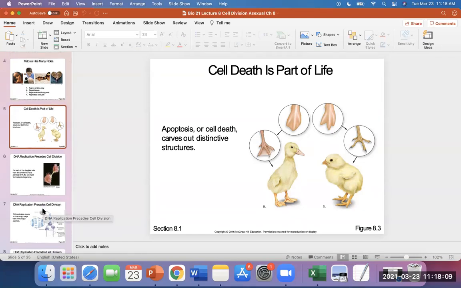Then we have DNA replication. What are 3 enzymes that are important for DNA replication? Can you guys tell me the enzymes and the functions? Helicase, DNA polymerase, and ligase. Who can tell me the functions of those? Polymerase is the builder. Ligase is the gluer.